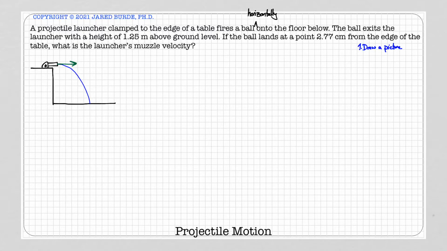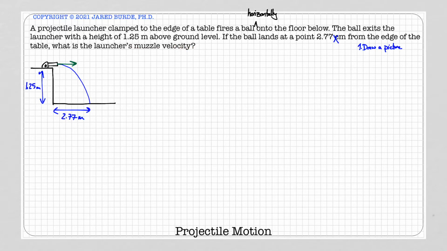We're told that the launcher has a height of 1.25 meters above the ground level, and that the projectile lands 2.77 meters away. And so we want to find the launcher's muzzle velocity.